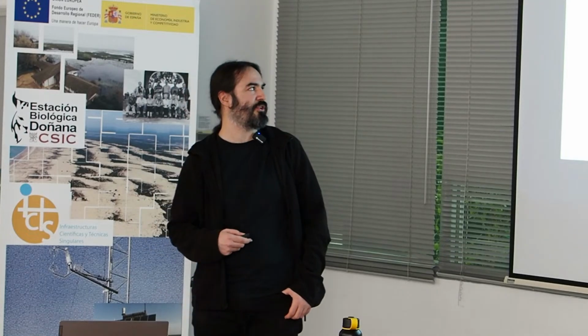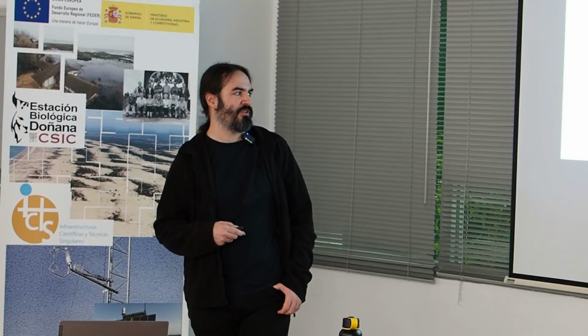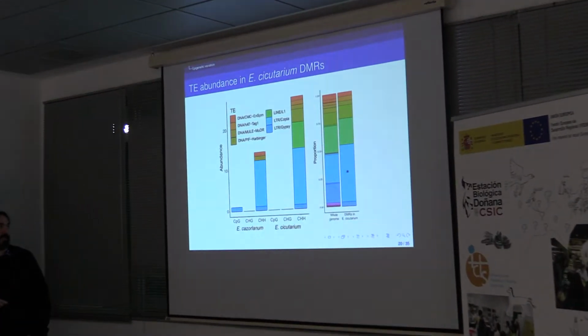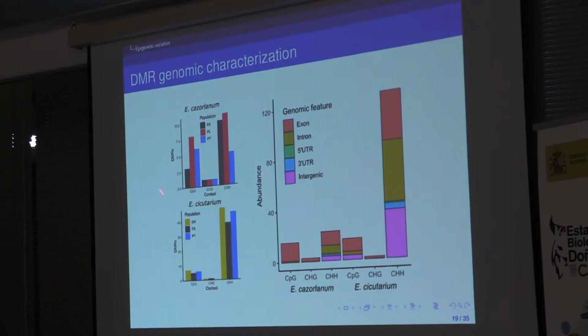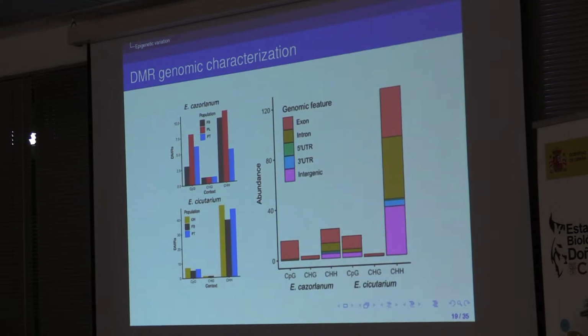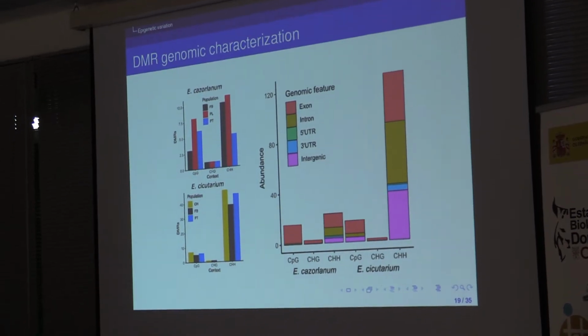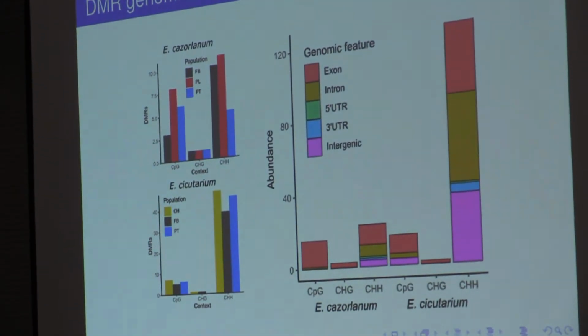The numbers here are 27, I think, in Erodium cicutarium and 12 or 13 in Erodium cazorlanum, compared to a total of 200-something in cicutarium and 40-something in Erodium cazorlanum. So TEs are not enriched in differentially methylated regions.